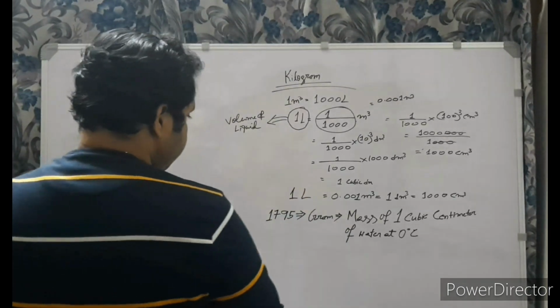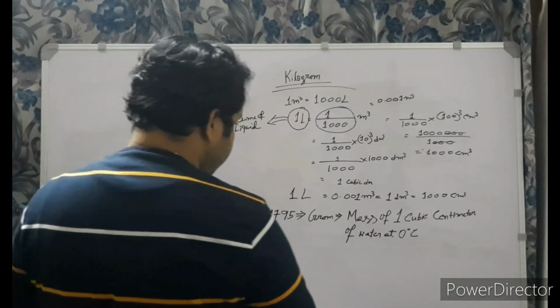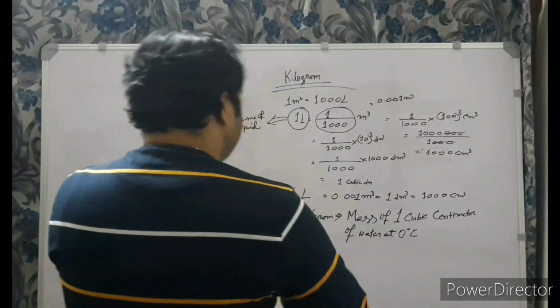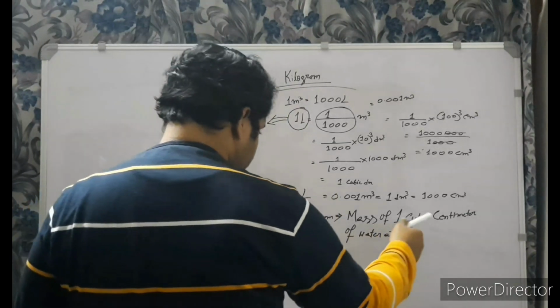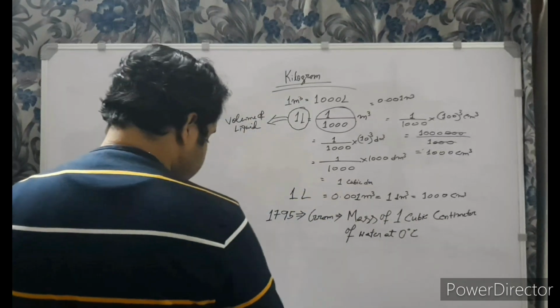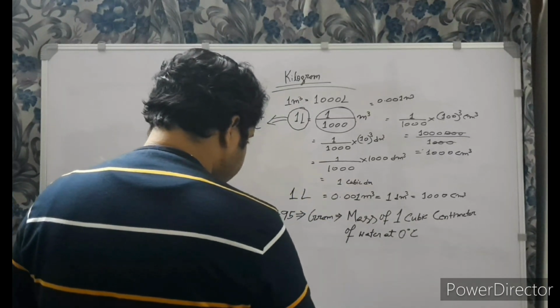So in 1795 the physicists considered gram as the mass of 1 cubic centimeter of water at 0 degree centigrade.